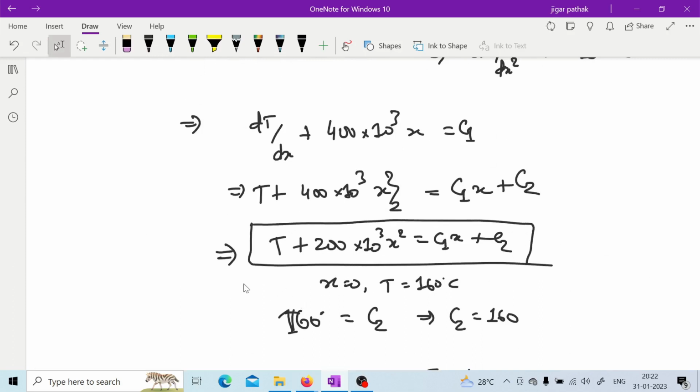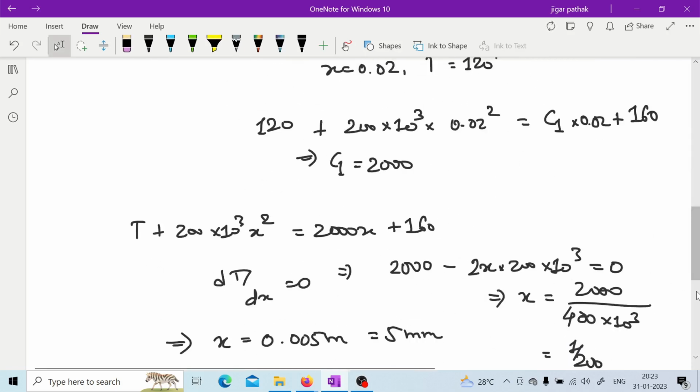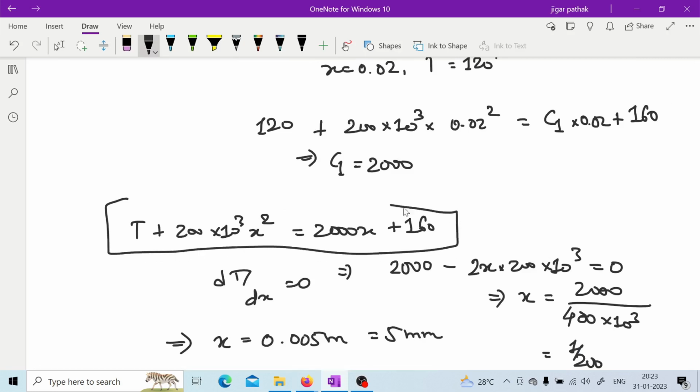After that we applied these boundary conditions, at x is equal to 0 and at x is equal to 0.02, in order to calculate C2 and C1, and then we put those values in this equation. So we have come to this equation. Is it clear now?